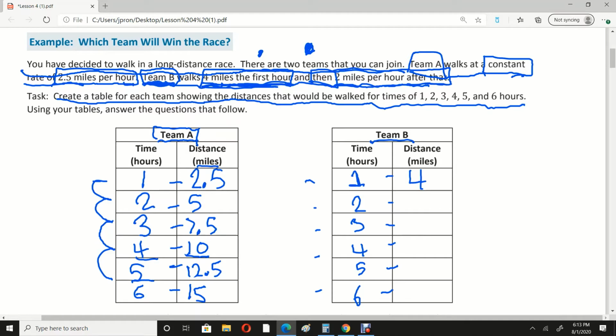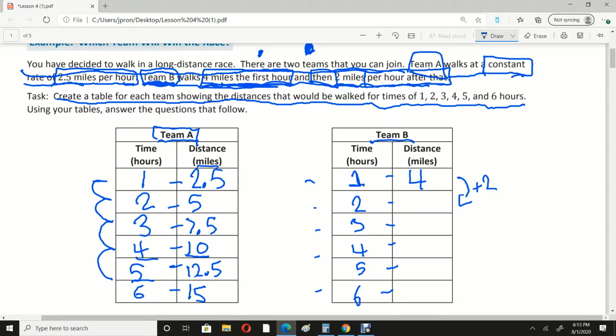So going up from here, we added 2 miles. So in the second hour, we would have traveled 6 miles. And every subsequent hour would have been at a 2 mile per hour rate, right? So we're adding 2 miles each time to each hour. So if we go to the third hour, we're adding 2 more miles, 8, 10, 12, 14.